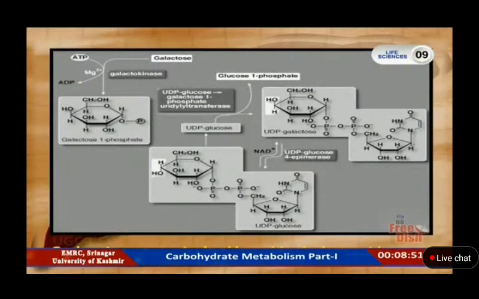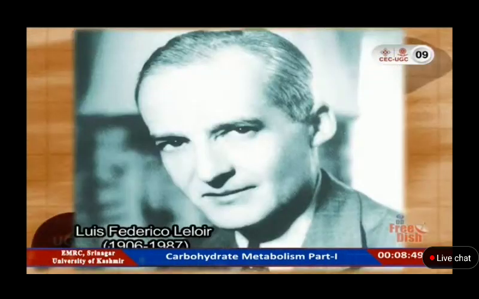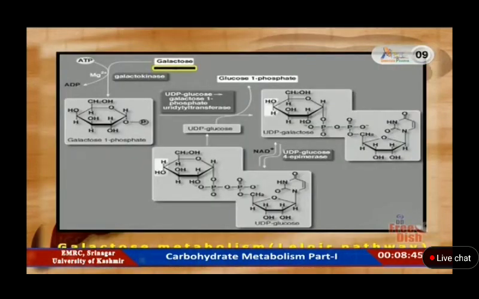Galactose breakdown is called the Leloir pathway after its discoverer, Louis Leloir. Galactose is first converted to galactose 1-phosphate by the enzyme galactokinase. Now, galactose 1-phosphate reacts with one molecule of a sugar nucleotide called UDP glucose, that is uridine diphosphate glucose, and displaces glucose 1-phosphate from that molecule, and itself is converted to UDP galactose.